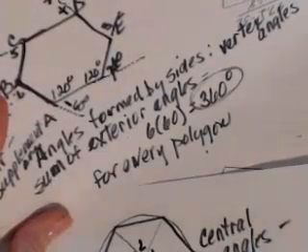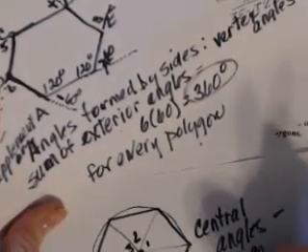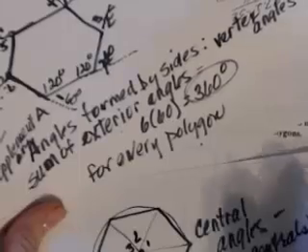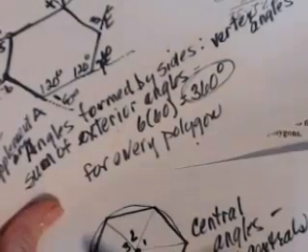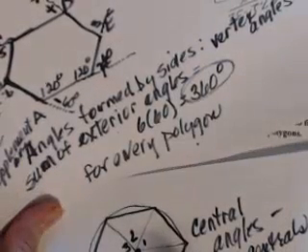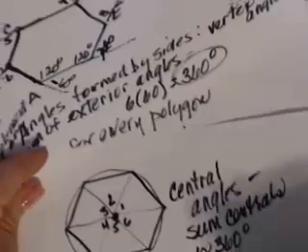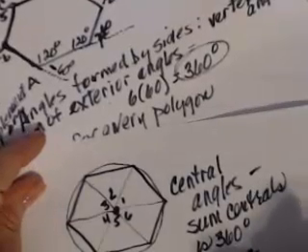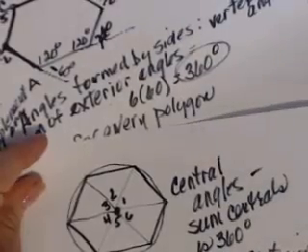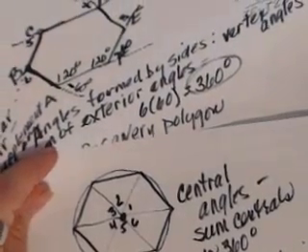A polygon has central angles, and the sum of the central angles is 360 degrees as well. So if you're dealing with a regular polygon, the central angle will equal the exterior angle. So the central angle and the exterior angle are equal in a regular polygon.